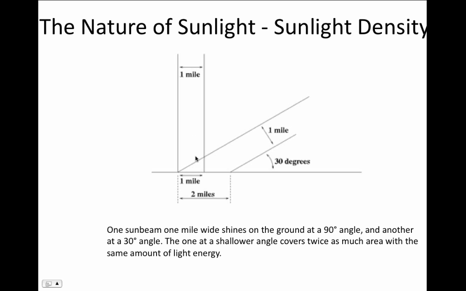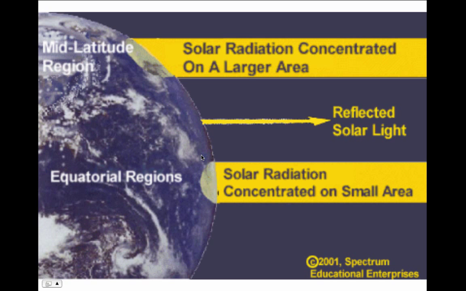So what this means is that your solar collector wants to face directly at the sun as often as it can. And this is also one of the reasons why it gets colder in the wintertime, because you just have less density of sunlight.